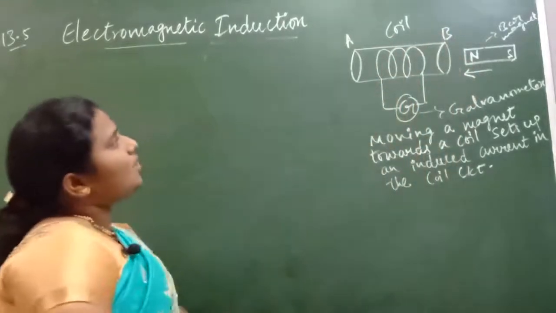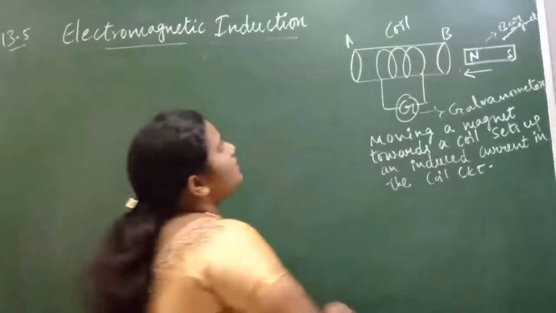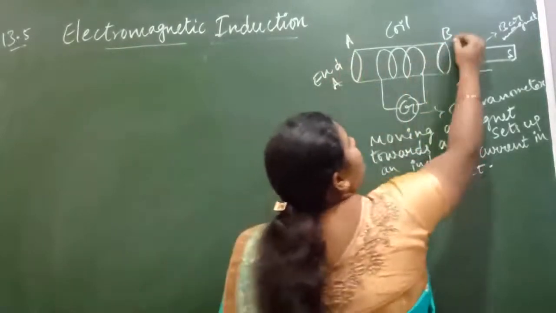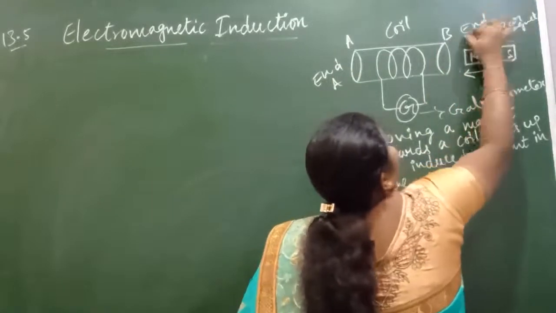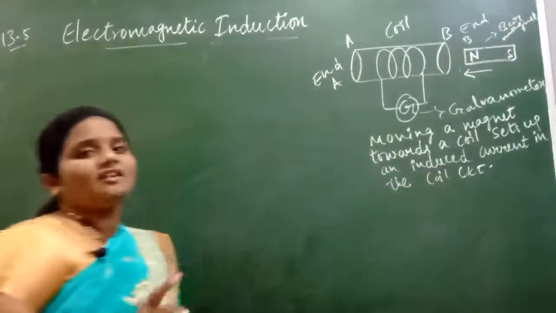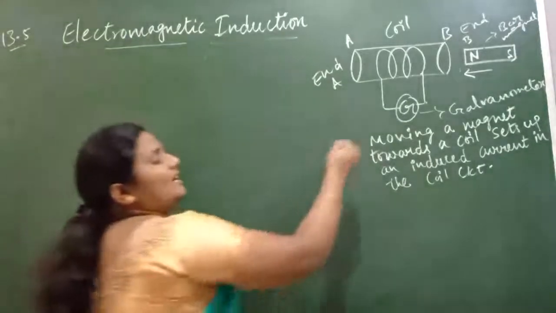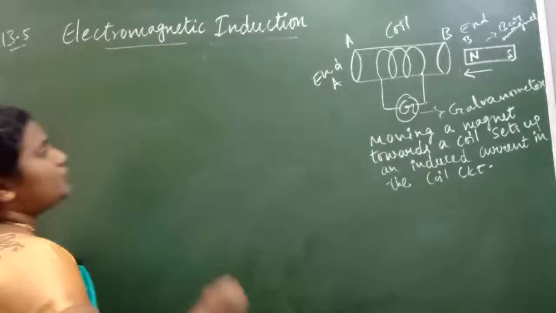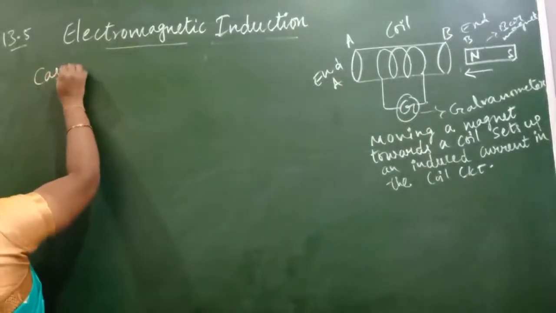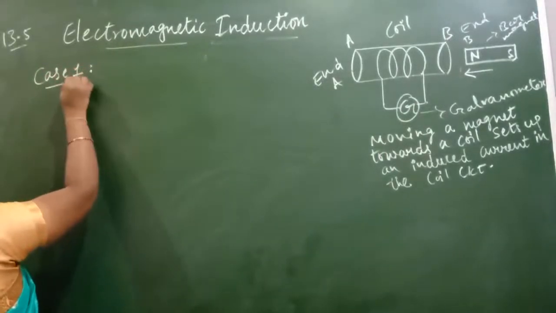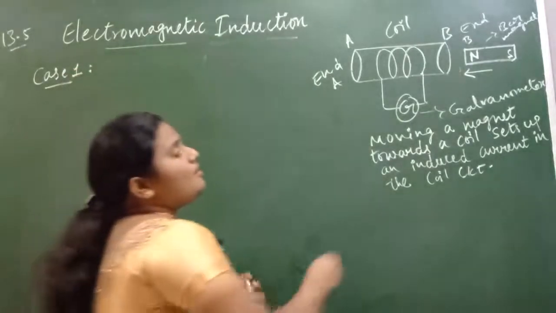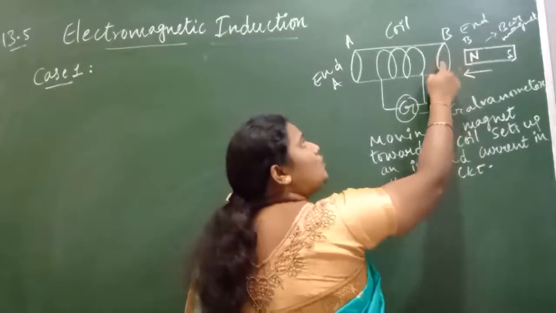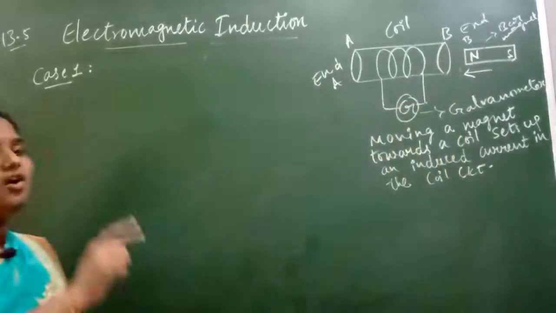This side is called end A, children, and this side is called end B. What we have to do at the very first step, after connecting the two ends of the wire to the galvanometer, is case number 1. You can note it down, children, isn't it? We have to bring the north pole of the bar magnet towards the end B of the coil.